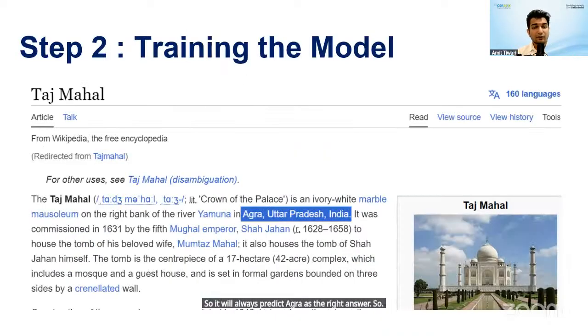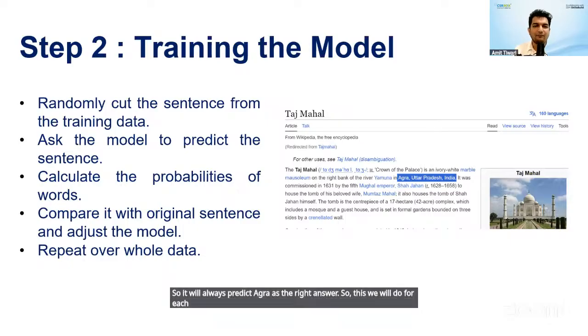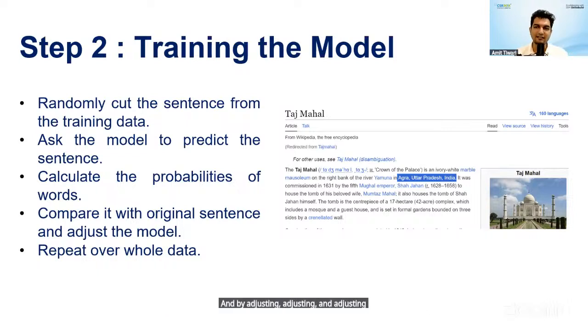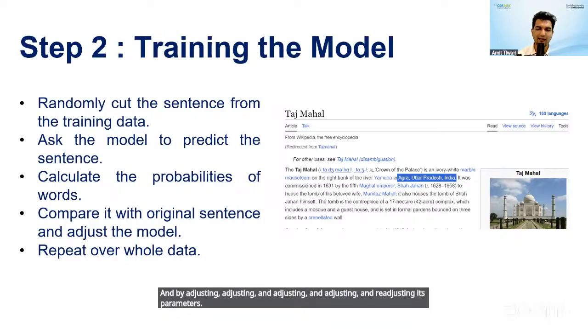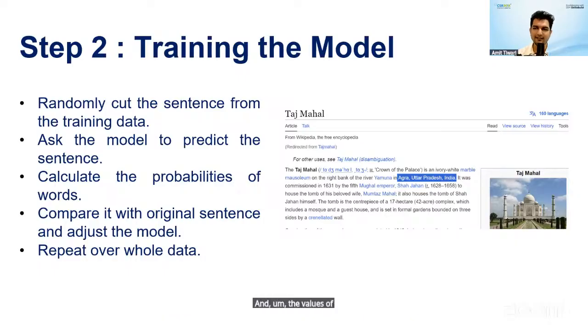So we will do this for each and every sentence that is there in the English corpus. I cut a sentence, I ask it to predict the next word. I cut a sentence, I ask it to predict the next word. And by adjusting and readjusting its parameters, the values of these weights and biases, it learns the gist of the English language.